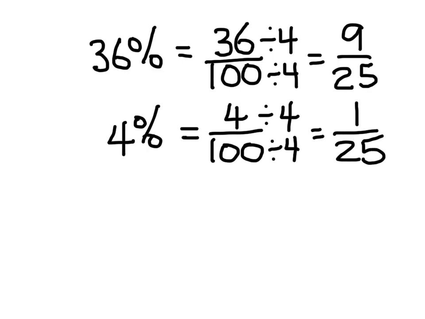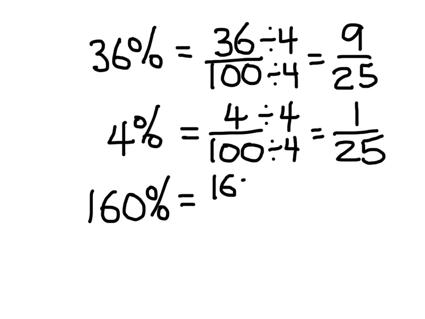All right, how about this one? 160%. Well, again, let's not waver. Let's use our definition of percent. Okay, now let's reduce this fraction. Right away I can see I can divide out a 10, so an easy way to do that would be to cross out those zeros. And then 16 and 10 are both divisible by 2.